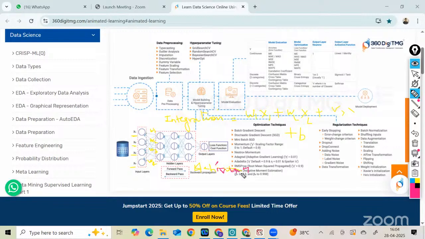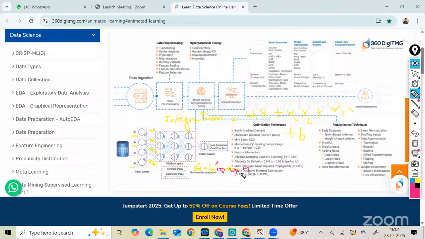Likewise, there will be model evaluation. How are we going to evaluate the model? If we have a classification problem, we can use a confusion matrix, accuracy, precision, recall, F1 score, likewise.